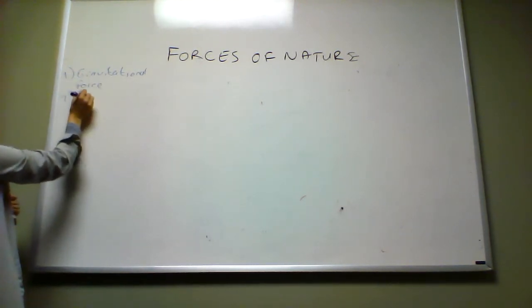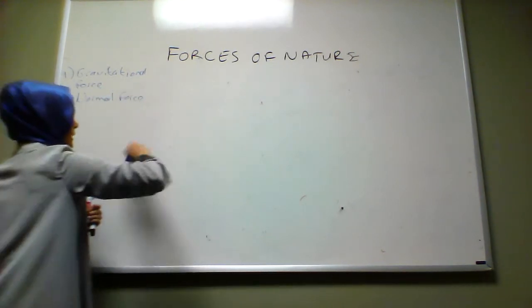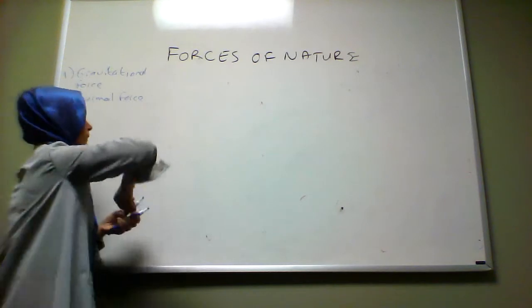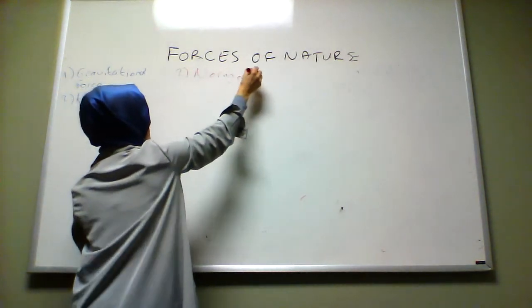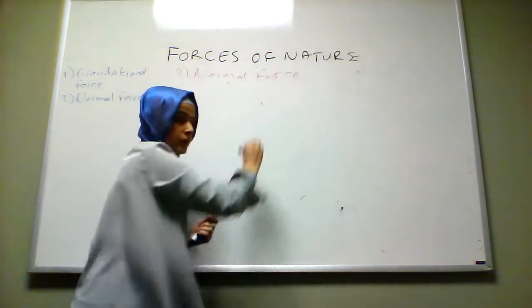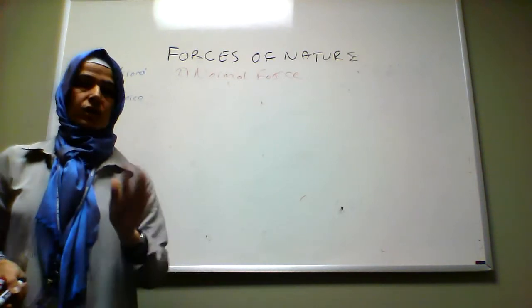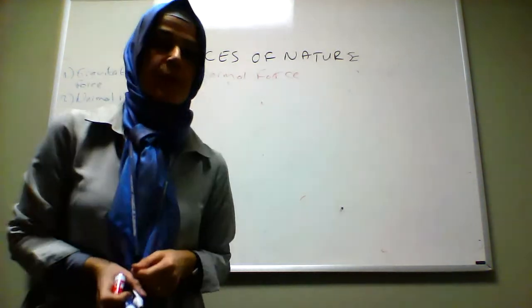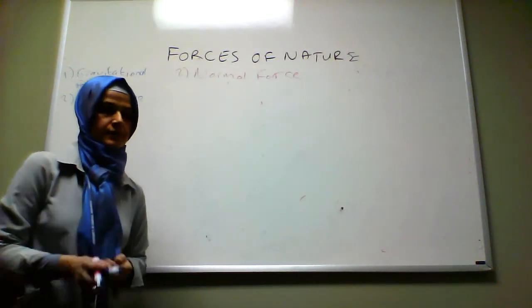And the second is normal force. Normal force is the force exerted on an object by a surface. But it is the perpendicular force exerted on an object by a surface.